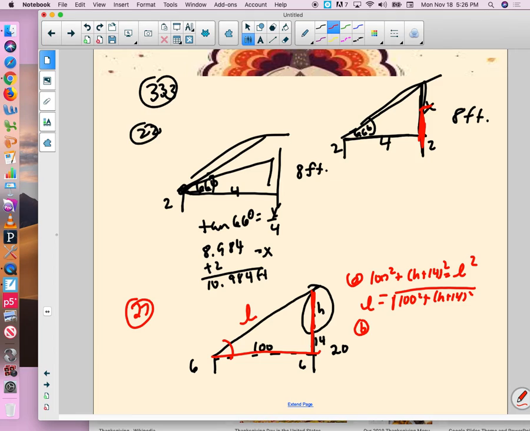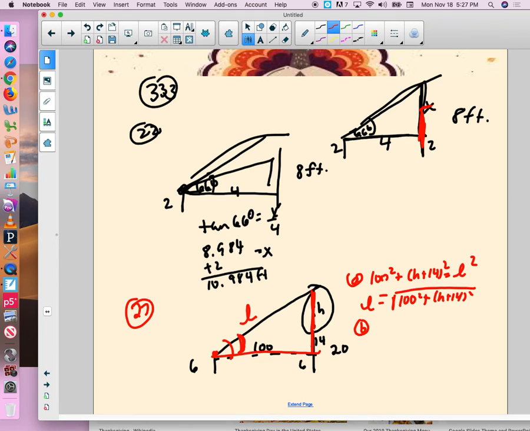The B part is find an expression for the angle of elevation from you to the top of the balloon. If I'm going from me to the top of the balloon, this is my angle of elevation right here. Let me read the question again: find an expression for the angle of elevation theta from you to the top of the balloon.